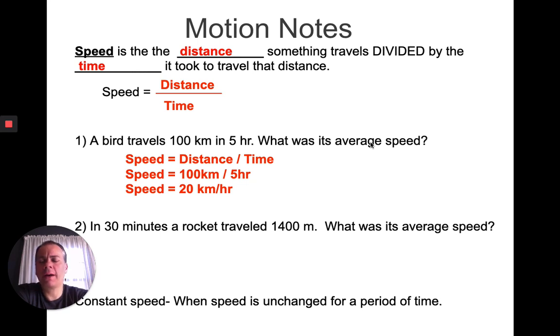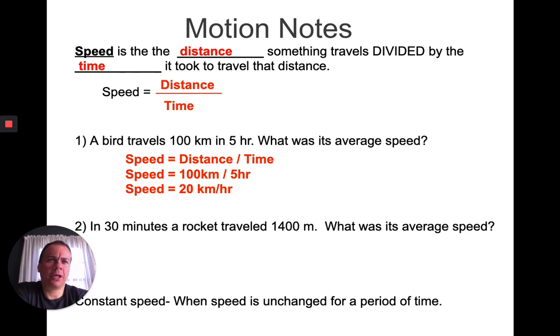If we think about real life, a bird can't fly exactly at a constant speed of 20 kilometers per hour. And so when we talk about distance divided by time, we're talking about the average speed over that period of time.